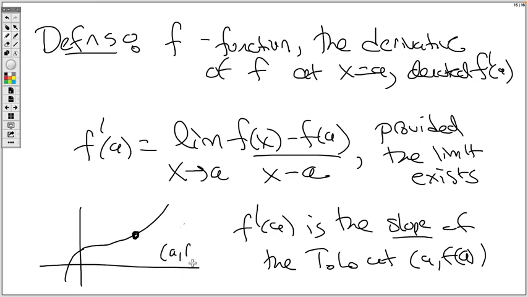There's the point a comma f of a. Here's your tangent line. The slope of the tangent line, that's your f prime of a. You understand where this comes from and what it's trying to do. We're good with all the notation. This is more words.